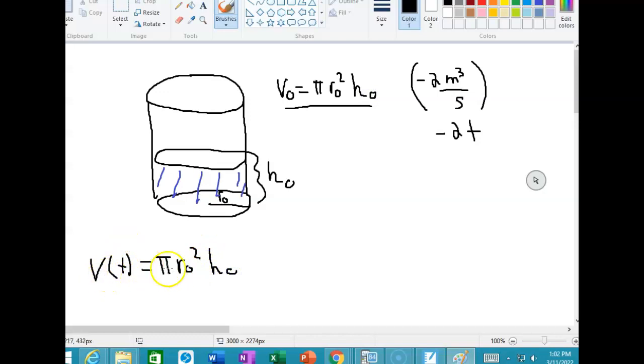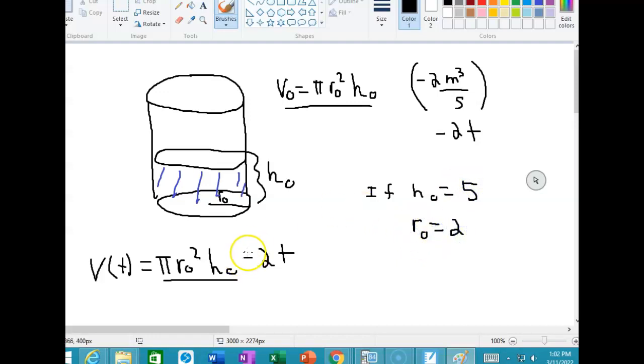So the volume in terms of time is going to be the initial amount that you start with, and then every second it's going to go down by 2 meters cubed per second. And if you imagine we let these values become numbers, let's say the initial height was 5 and the initial radius was 2.